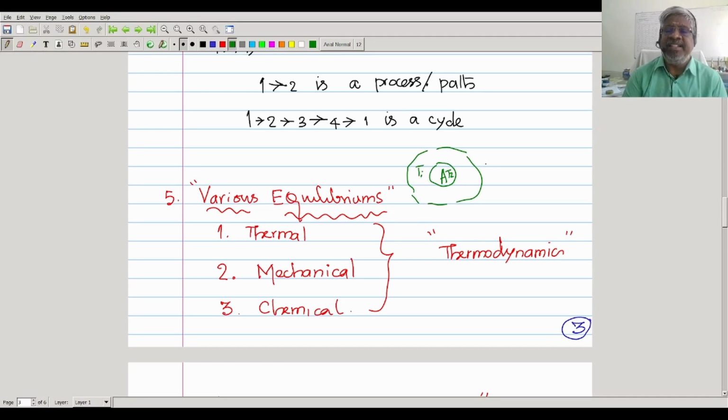That way we can say the system is in thermal equilibrium with its surroundings. This is what it is.